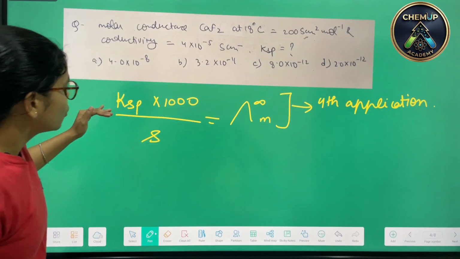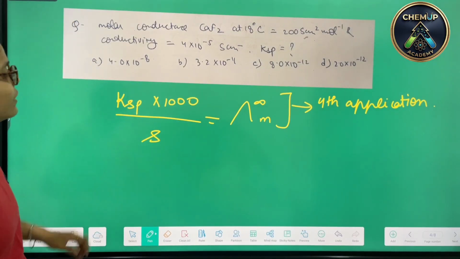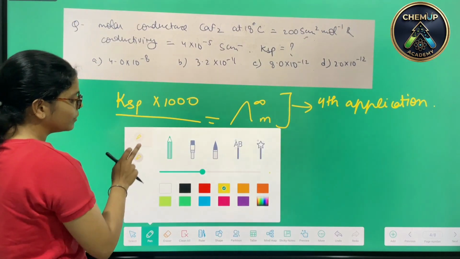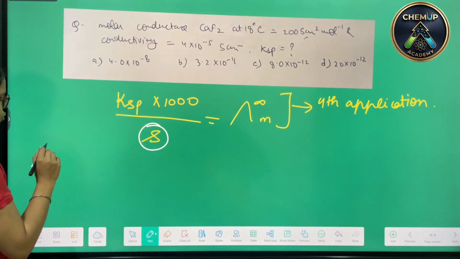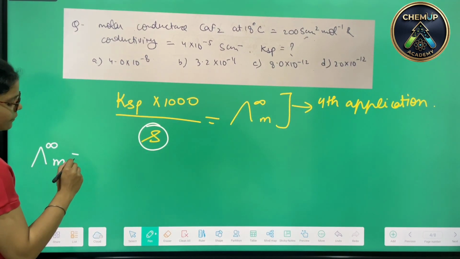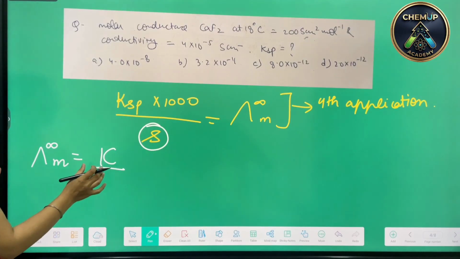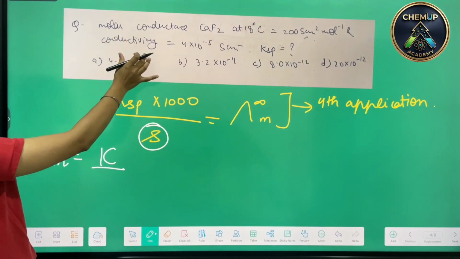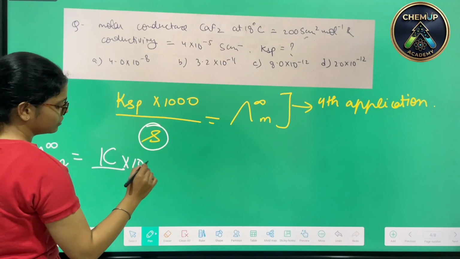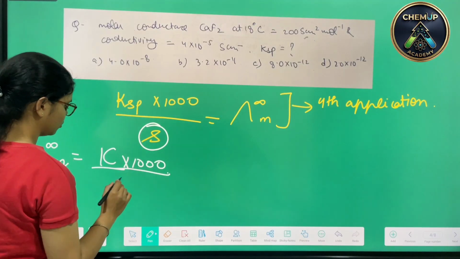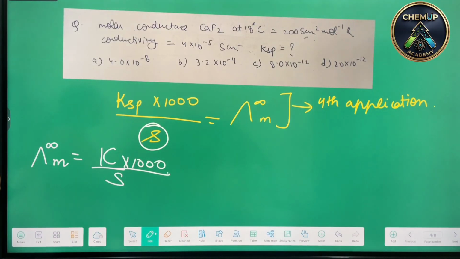In order to find that, we need to find the solubility, because solubility is not known to us. To calculate the solubility, we have kappa, which refers to your conductivity that is already provided in the question. Kappa into 1000 upon solubility is how we calculate the molar conductivity.